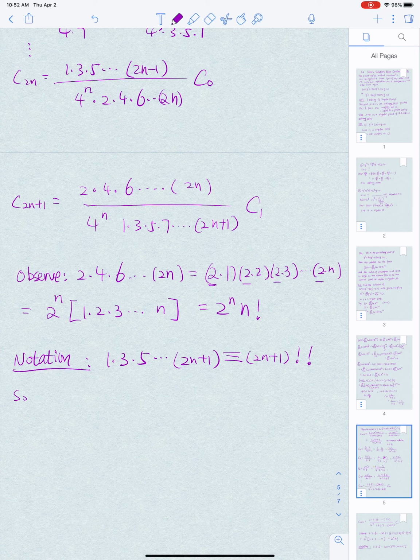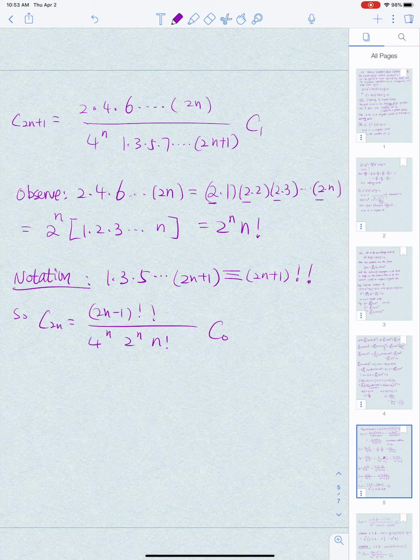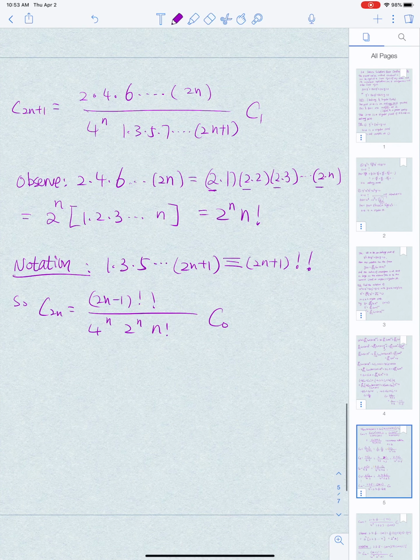So now we can represent C sub 2n like this. And we can simplify it because 4 to the power n is 2 to the power 2n.